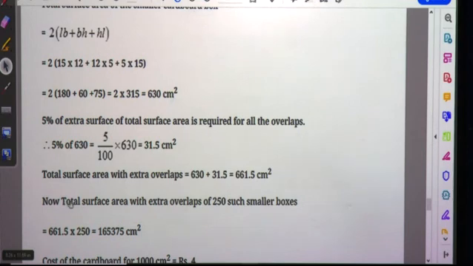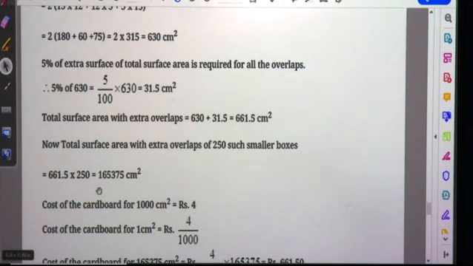This is now the total surface area with extra overlaps of 250 such smaller boxes. 661.5 into 250 is equal to 1,65,375 centimeter square. It is how much?